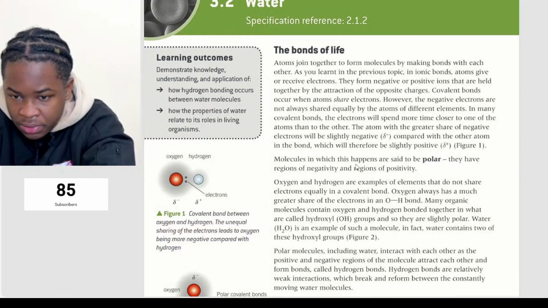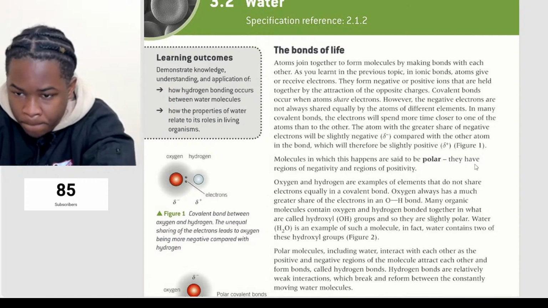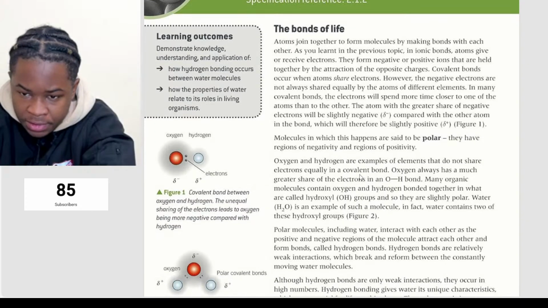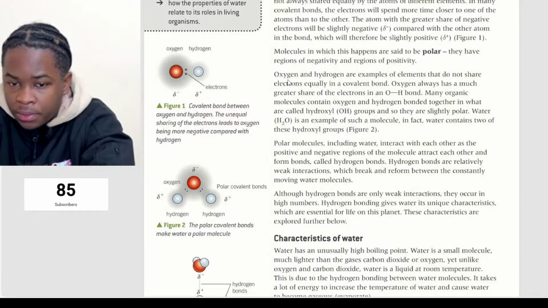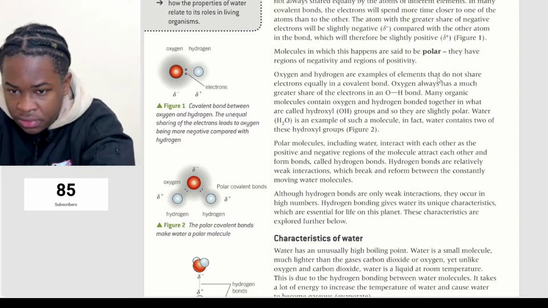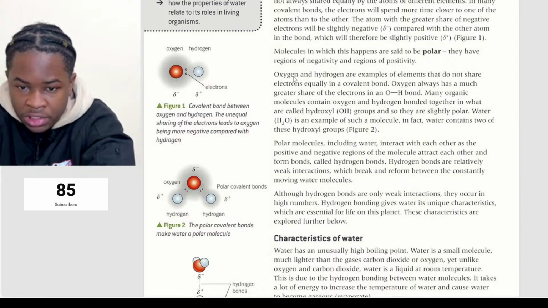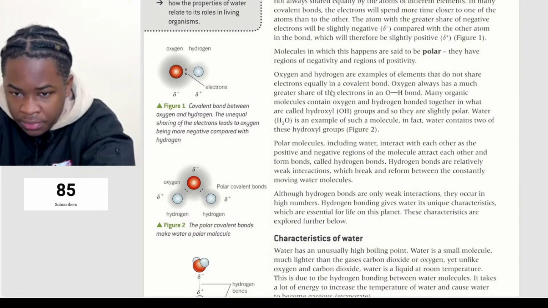Molecules in which this happens are said to be polar. Exactly, they have regions of negative and regions of positivity. Okay. Oxygen and hydrogen are examples of elements that do not share electrons equally.